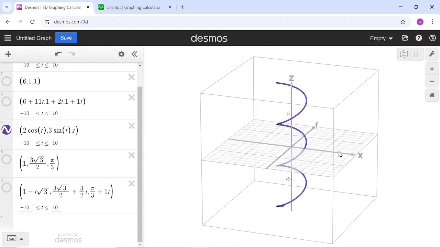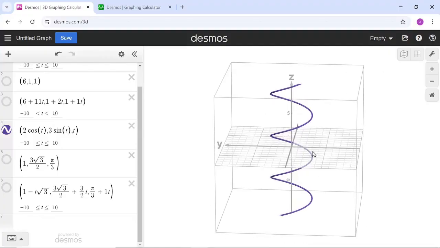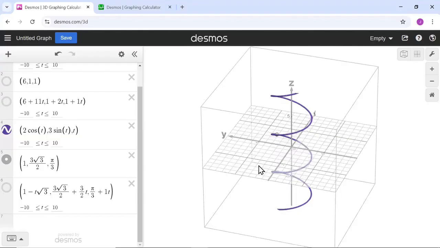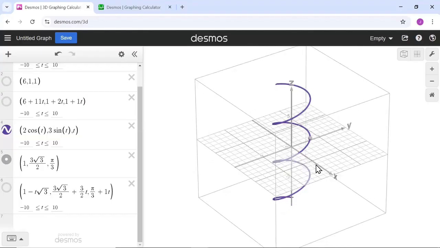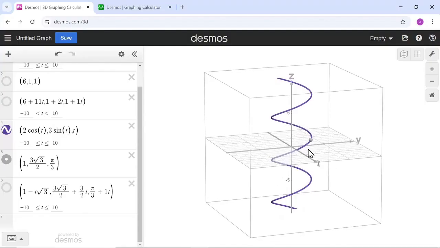Now, the point that we're looking at is when t is pi over 3. And when t is pi over 3, we're at this point here. So my tangent line should go through this point and in the same direction as my graph. So it should be shooting up a little bit and in this way.